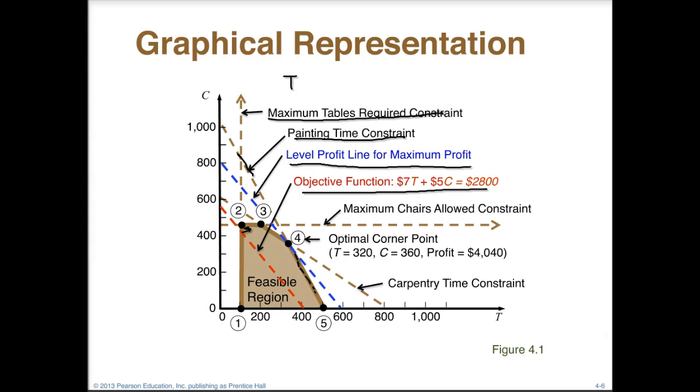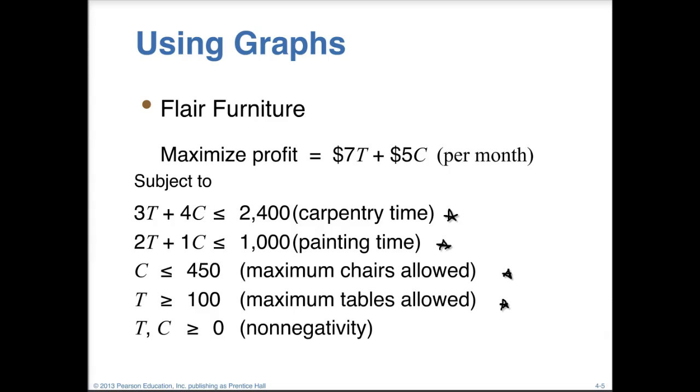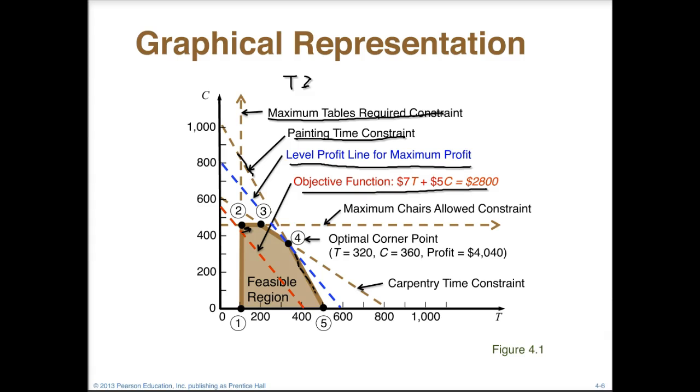And that was the T, I believe that was, let's go back, because I forgot whether that was less than. Yeah, T is at least 100. Okay. That's what I was thinking. So that is that particular line here.